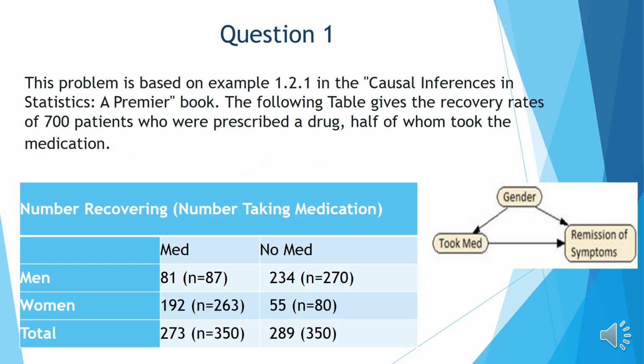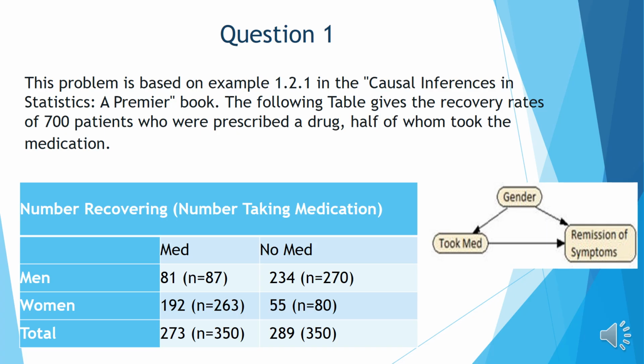Let's have a look at the question. This problem is based on example 1.2.1 in the Causal Inference in Statistics: A Primer book. The following table gives the recovery rates of 700 patients who were prescribed a drug, half of whom took the medication. So we will use this data to answer the questions about the probabilities and the impact of medication.